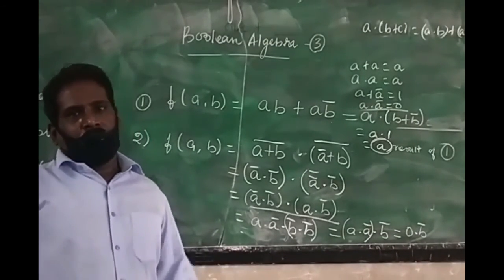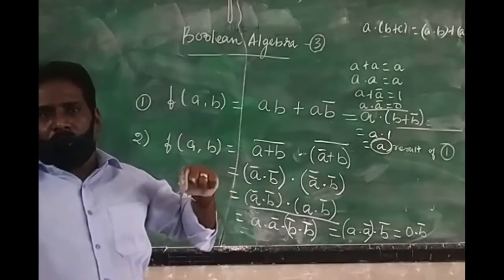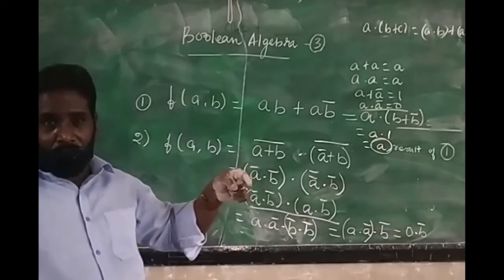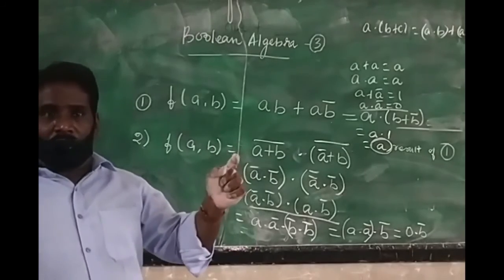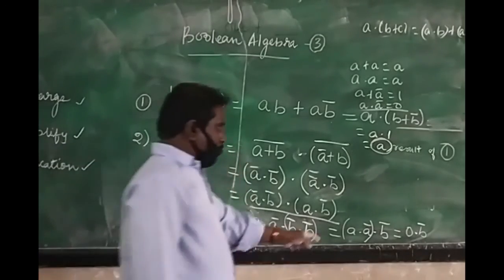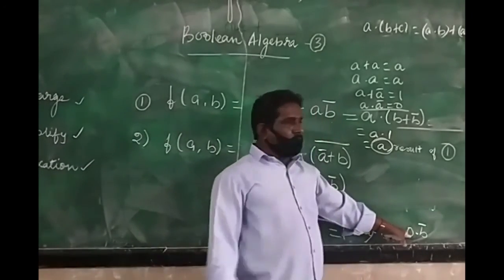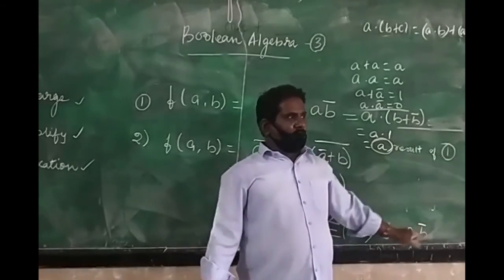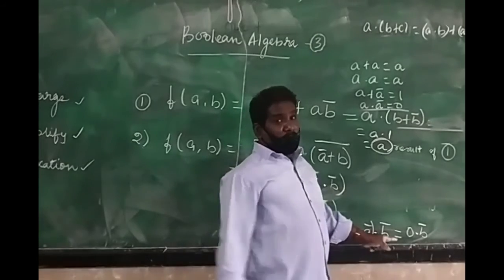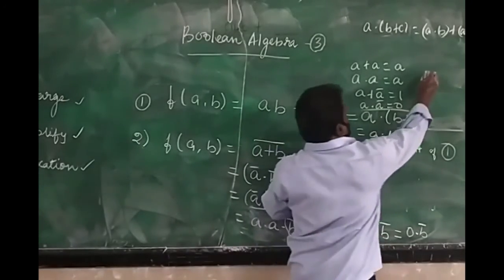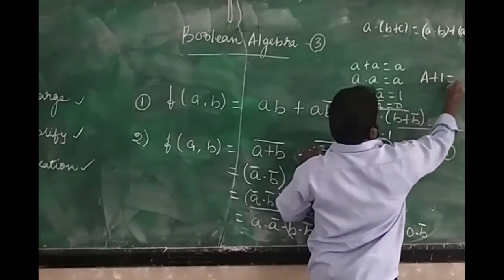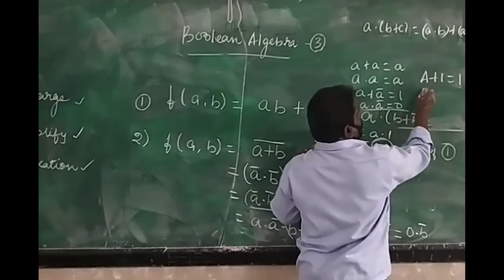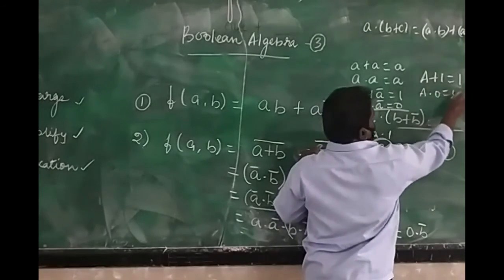Here we have to remember the Boolean postulates. In the AND operation, if one input value is 0, the result will be 0. This is the dominance of 0 and 1: the theorem A plus 1 equal to 1, and its dual is A dot 0 equal to 0.